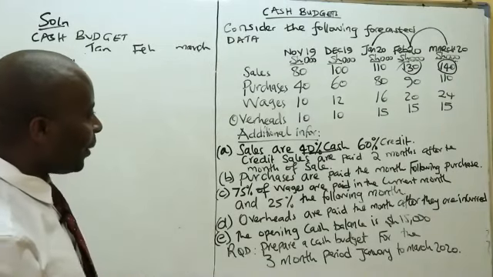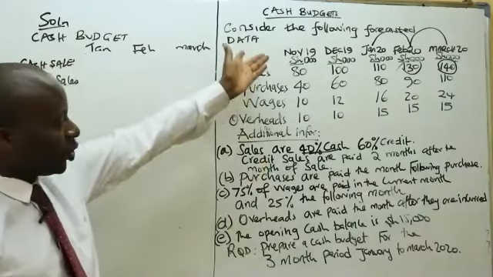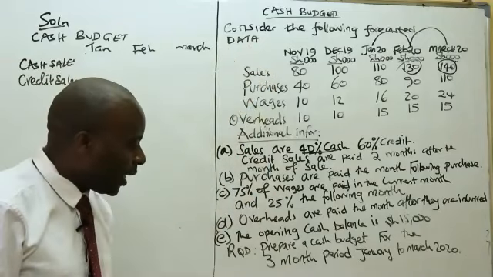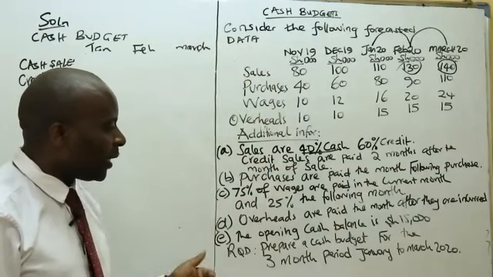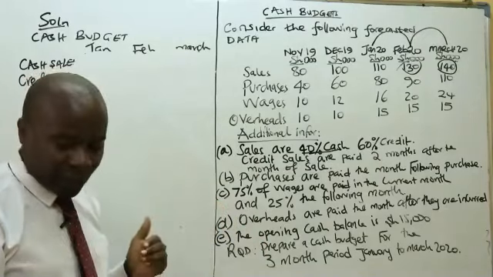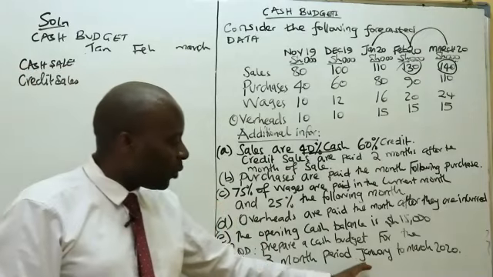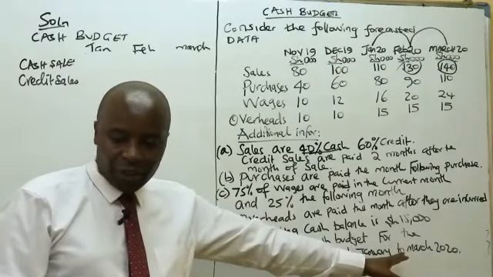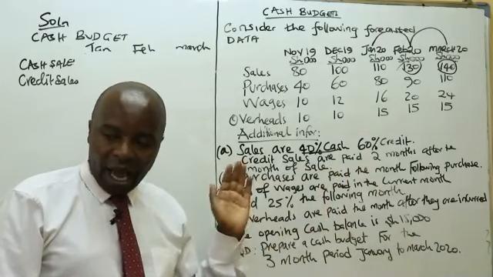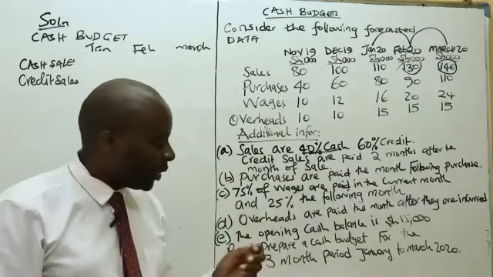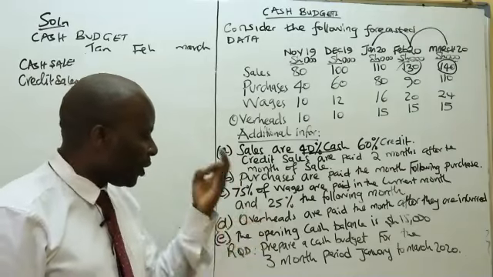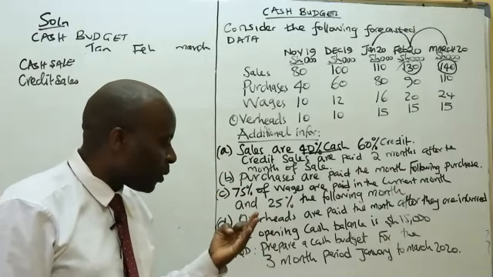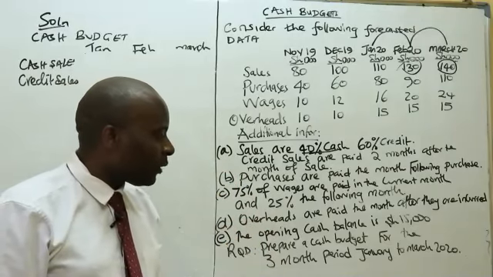Now, ladies and gentlemen, remember it's a cash budget question, and they have been able to define the cash budget period. They have told us it's between January and March. They want us to do a cash budget, which is a 3 months cash budget for the period starting from January to March.